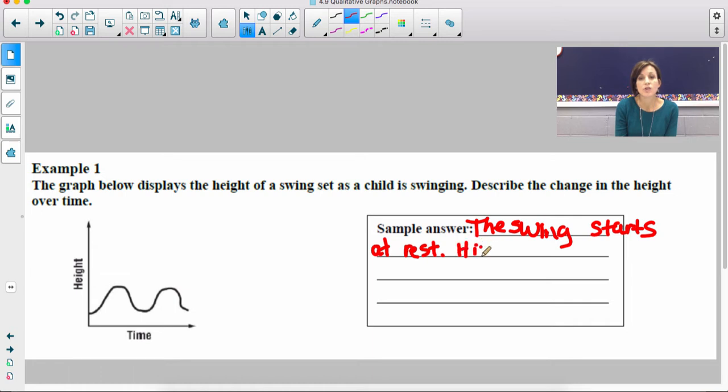It increases as the child swings higher.